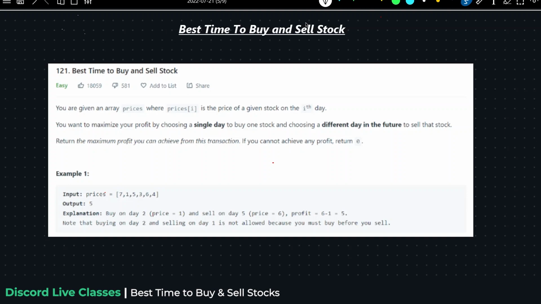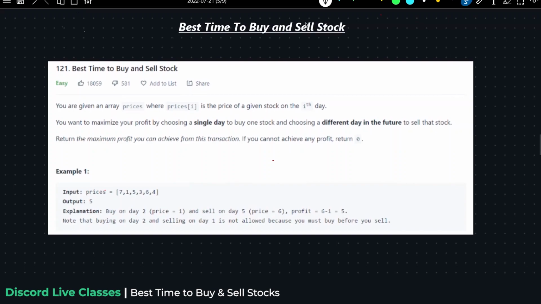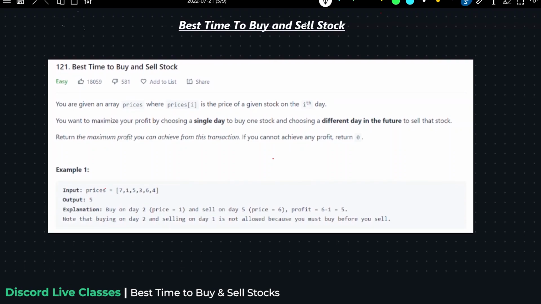So there is one more approach. We can find the profit from each index. We will calculate the profit for each one, go through the indices from first to last, and then check against the maximum profit.